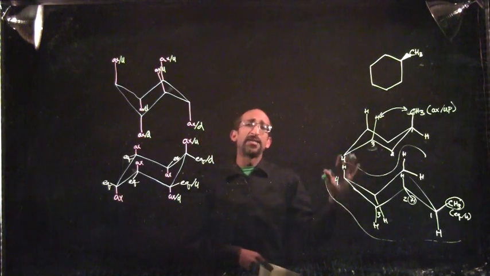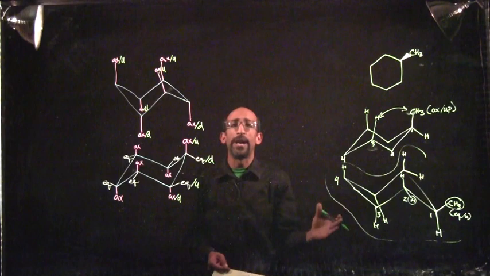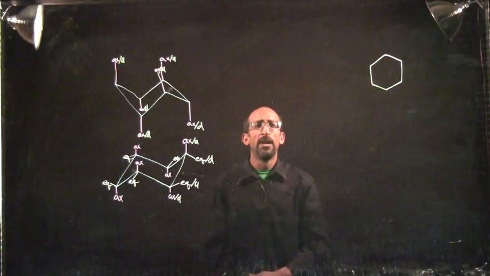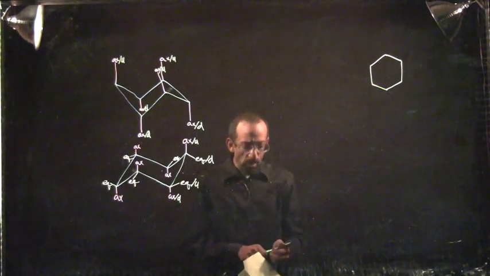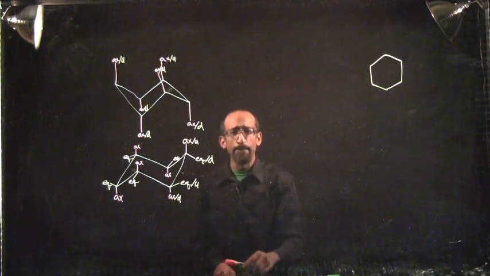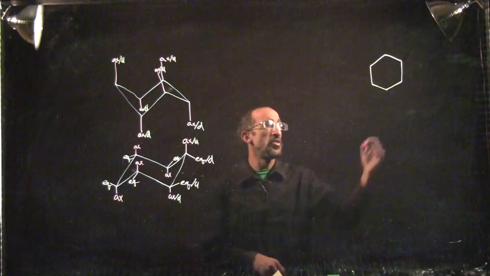So we've looked at a single substituent. Now let's change this up a little bit and see what happens when we have two substituents or more. So again, when we look at more than one substituent, I'm going to start off with a planar representation of my cyclohexane. And now I'm going to use a couple of pretty bulky substituents.